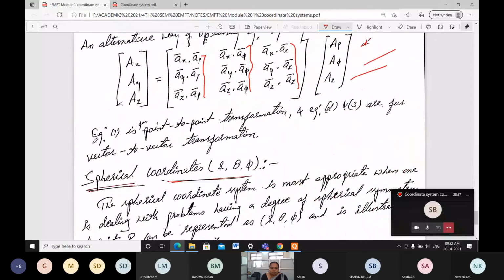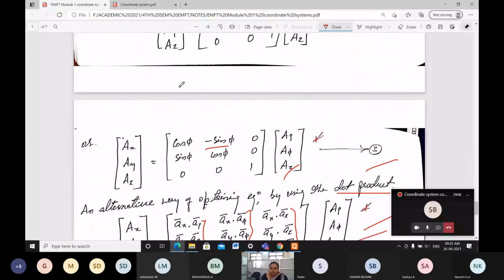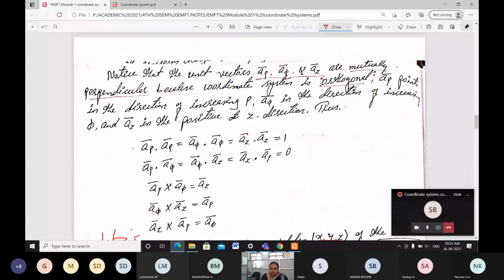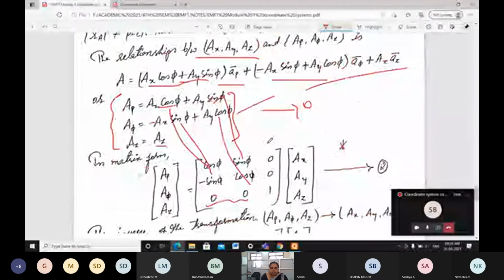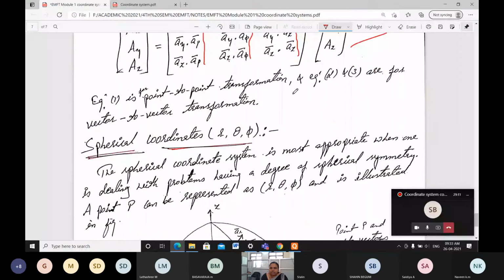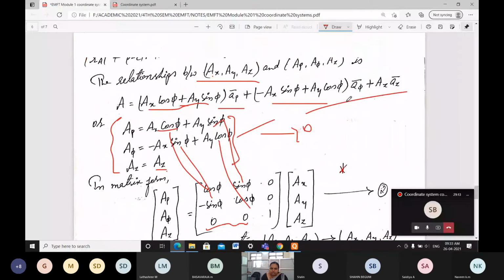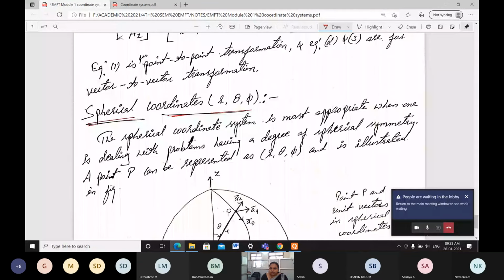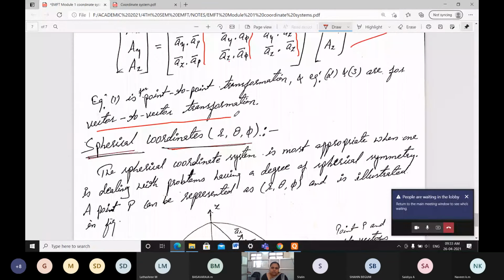Then equation 1, what we have taken, where is our equation 1? This equation 1 is in terms of point to point transformation. Equations 2 and 3, the matrix forms, are for vector to vector transformation.